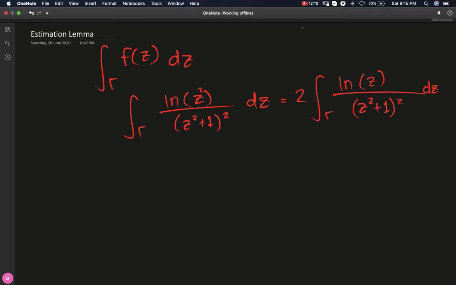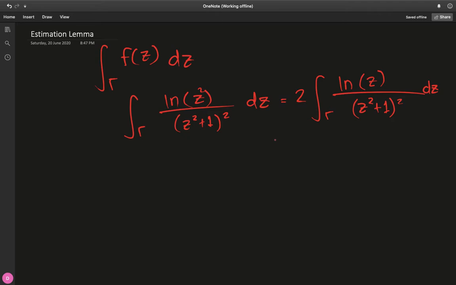So the way the estimation lemma works is you take the absolute value of this entire expression. More than calling it an absolute value, you can say it's the mod, because we're dealing with complex numbers. There's a slight difference between absolute values and mods.